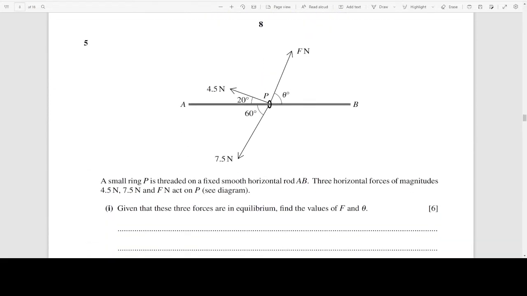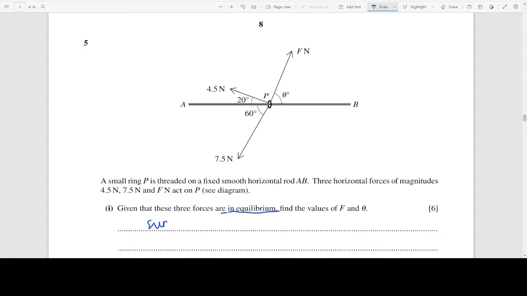Now comes an equilibrium question. A small ring P is threaded on a fixed smooth horizontal rod AB. Three horizontal forces of these magnitudes act on P. Given that these three forces are in equilibrium, find the value of F and theta. So these three horizontal forces act on P such that they are in equilibrium.